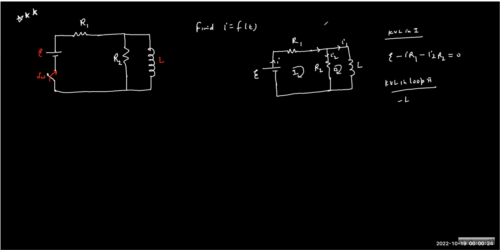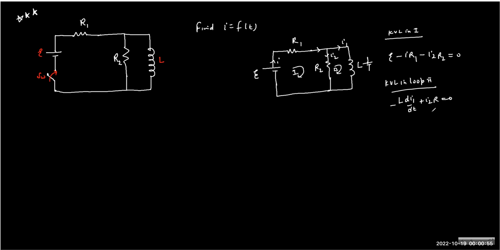you can always think of the current as a growing value. It's L dI1/dt plus I2 R. Now the differential equation is in I1, so I must express everything in terms of I1. Then only we can solve.